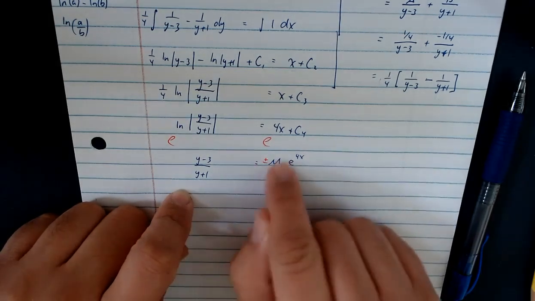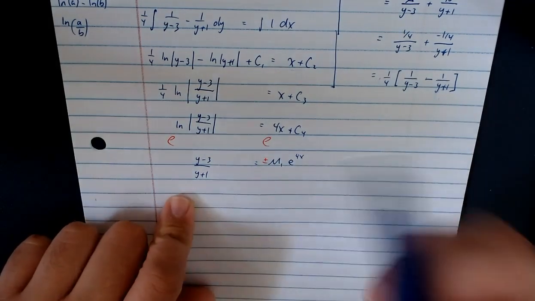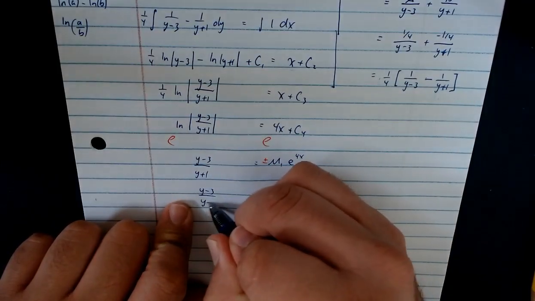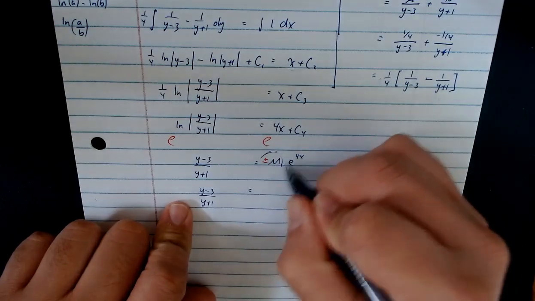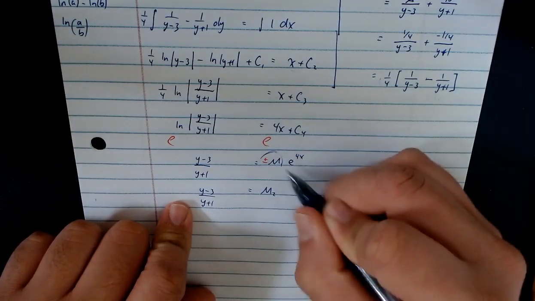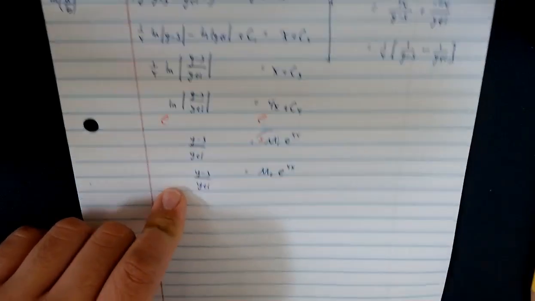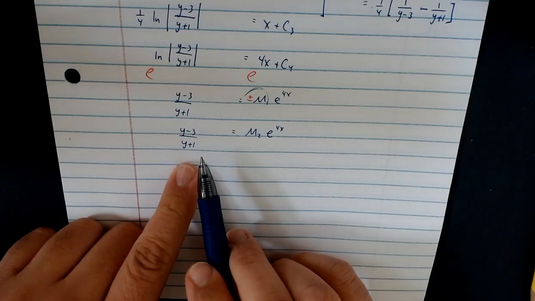We take the plus or minus and absorb it into the constant. So this becomes y minus 3 over y plus 1 equals M2 e to the 4x. The plus or minus joins the M1.